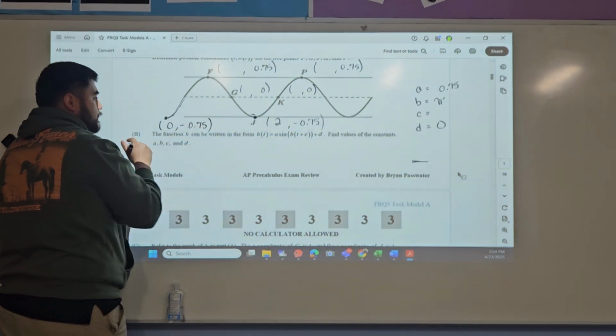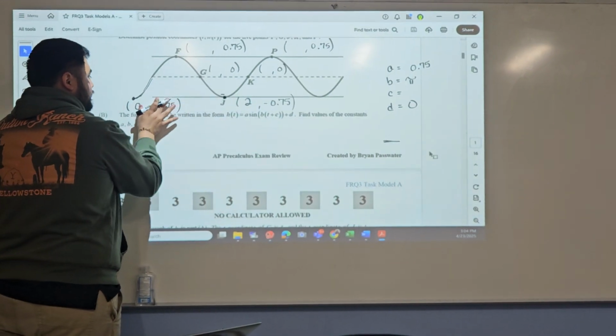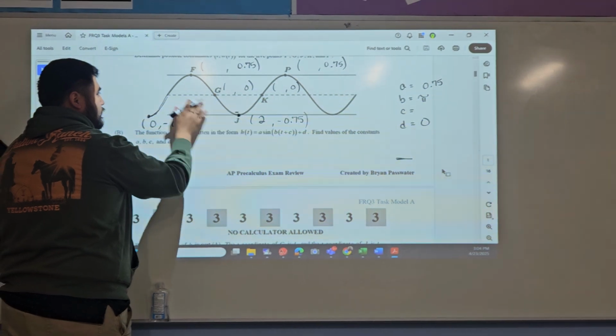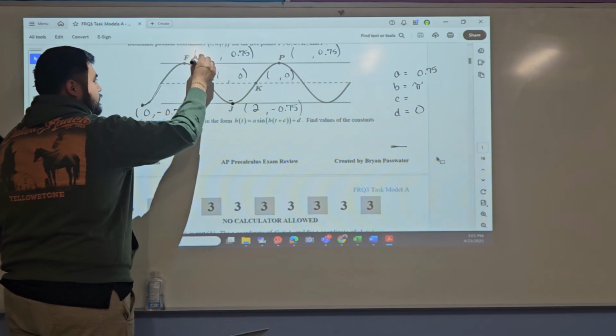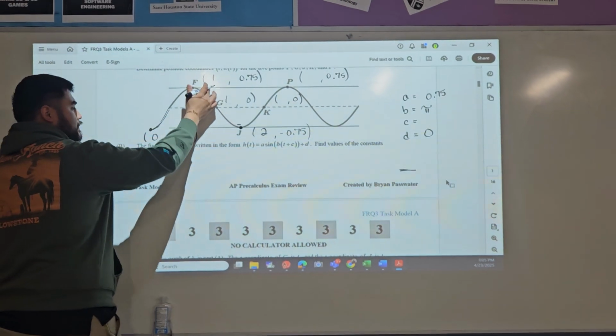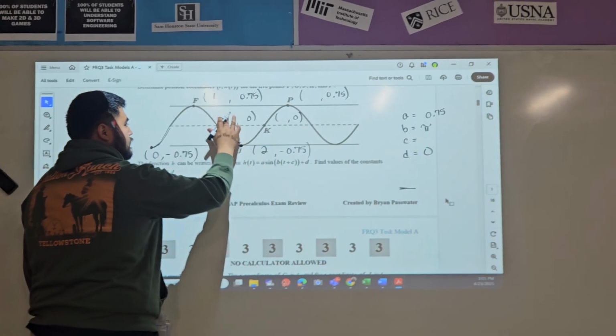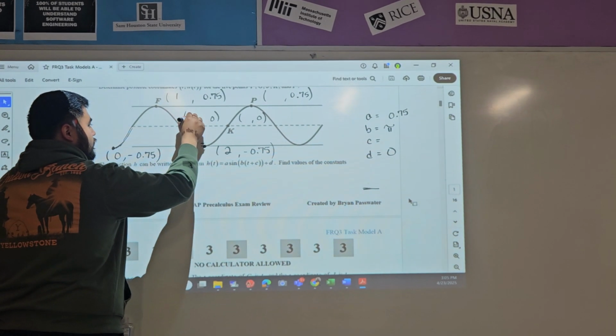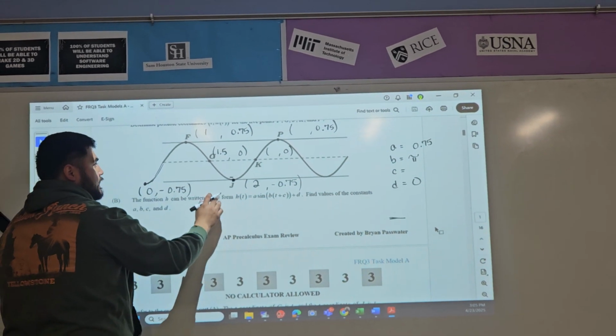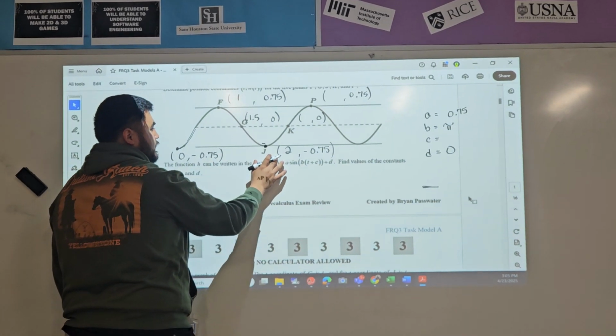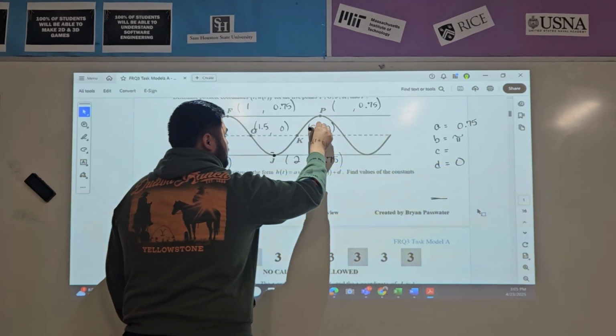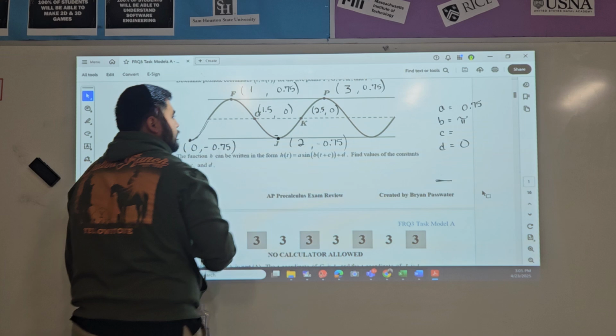So from 0 to 2, now that I have the bottom to bottom, what's in the middle between 2? Well, it's 1. What's in the middle between 1 and 2? Well, this is 1.5. So from here, you're going by 0.5 increments. So this is 2.5 and this is 3.